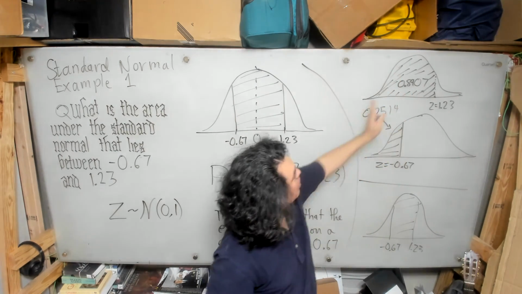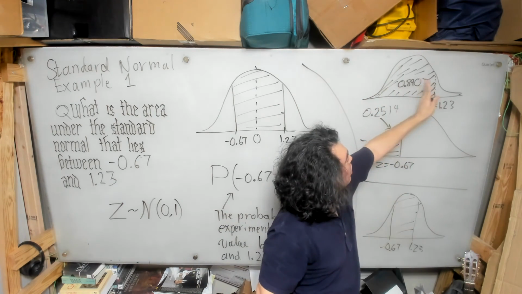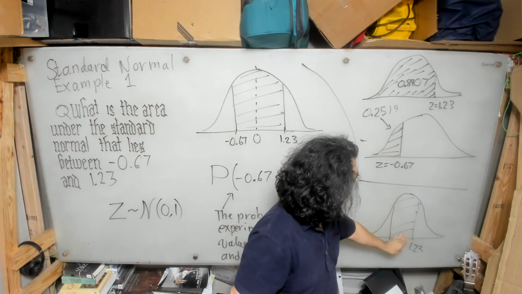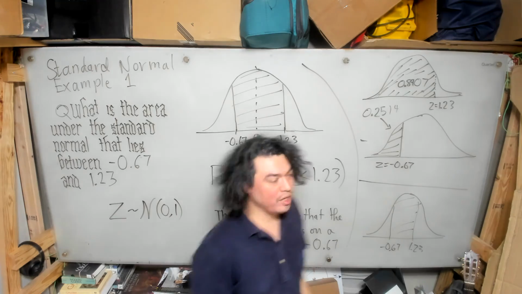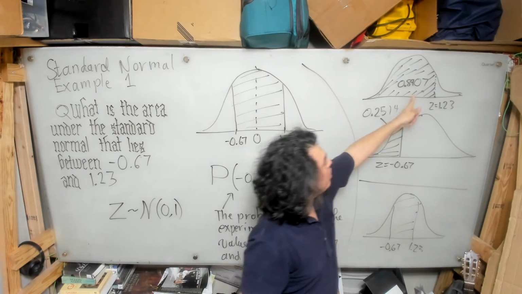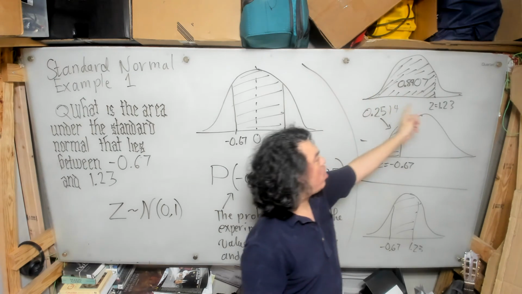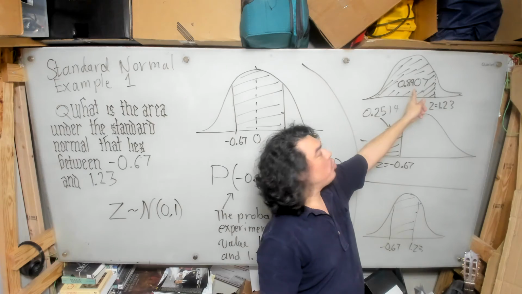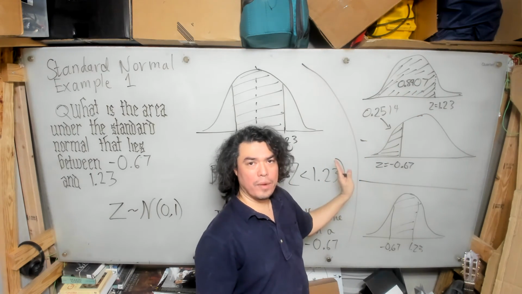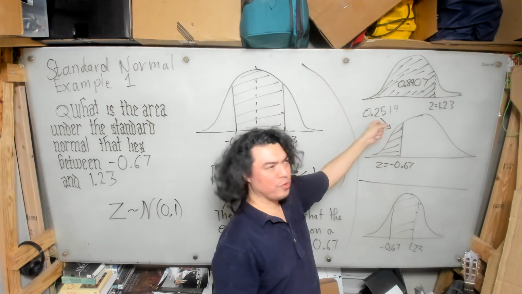Because I took away this area from that area, that part is gone. And because I had all this extra area shaded on the top that I'm not taking away, I'm left with this part in the middle shaded, just as we need it to be. That corresponds exactly to this area. I know the area under the standard normal curve from negative infinity to 1.23 is 0.8907, and from negative infinity to negative 0.67 is 0.2514.